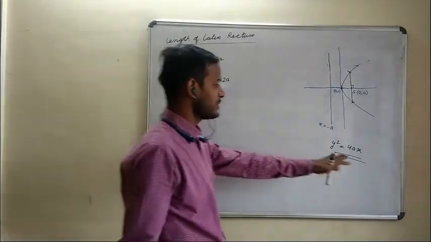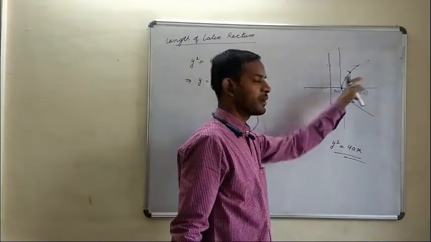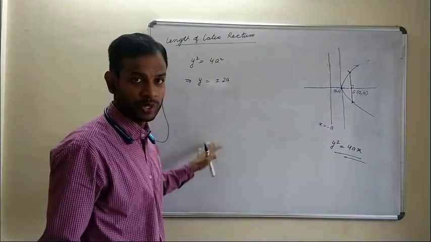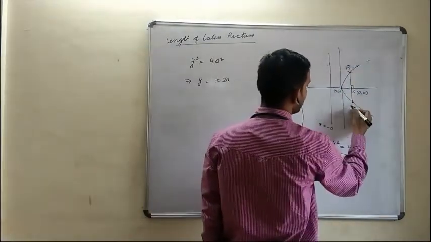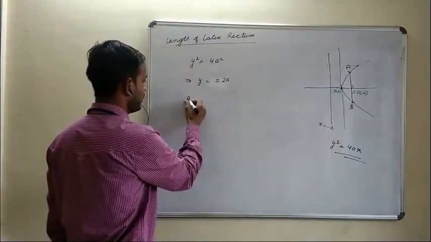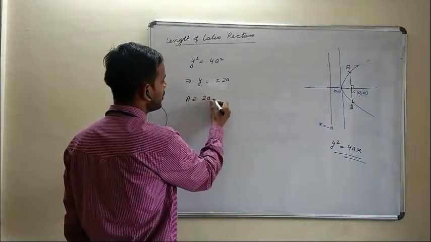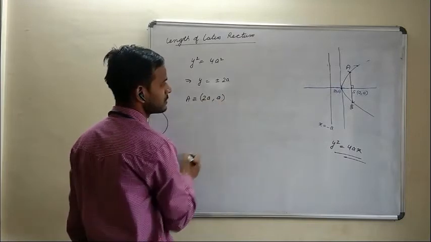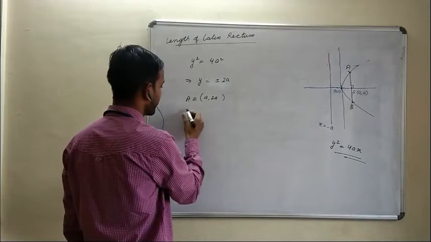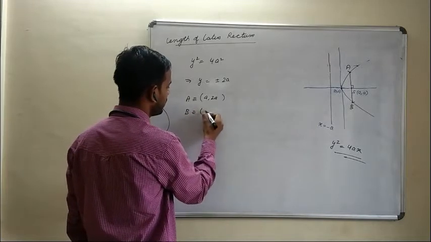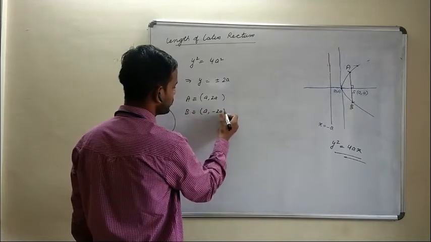Since the x coordinate is a and the y coordinates are plus minus 2a, the points A and B will be: point A will be (a, 2a), and point B will be (a, minus 2a).